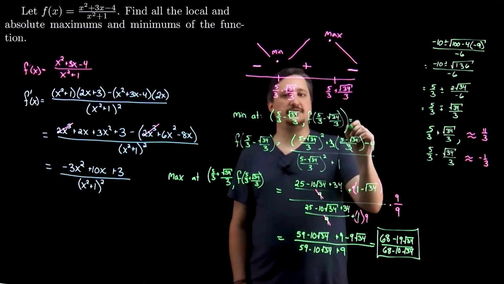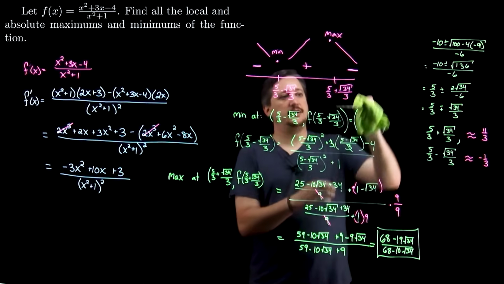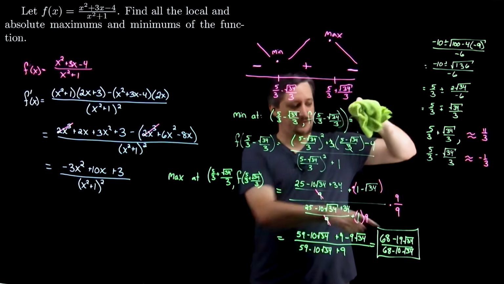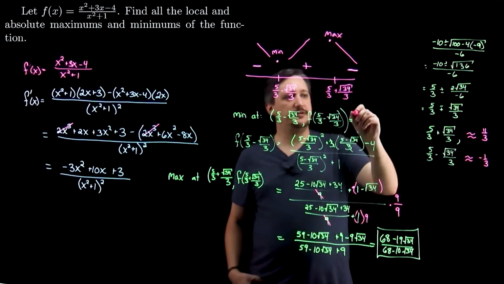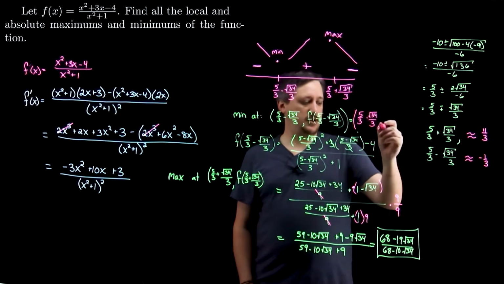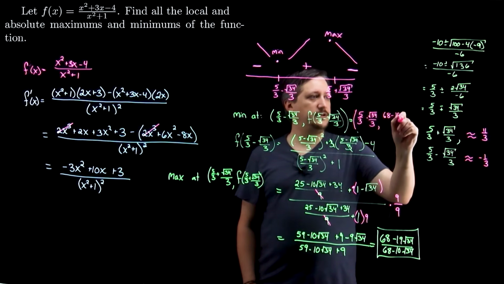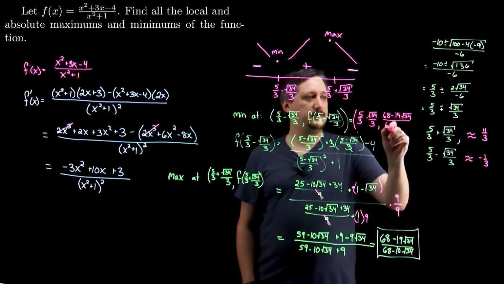In particular, I'll do this in a different color. So I'm going to write the actual result. So I have 5/3 minus square root of 34 over 3, comma, 68 minus 19 root 34 over 68 minus 10 root 34.